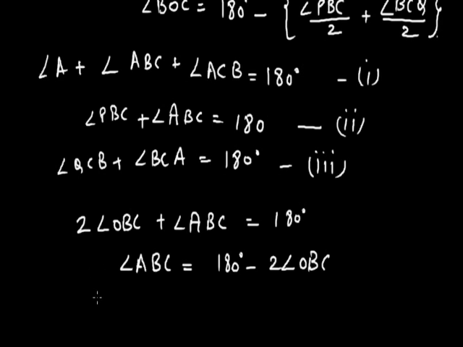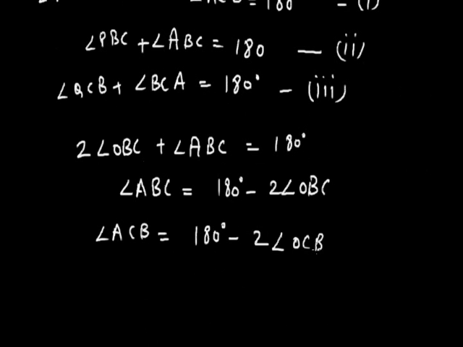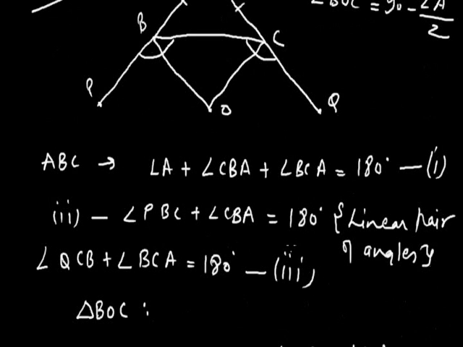Similarly, from equation 3 I can derive angle BCA or ACB is equal to 180 degrees minus twice of angle OCB. As you can see here, angle QCB is equal to twice of angle OCB. Why? Because it is given that line segment OC is the bisector of exterior angle C, so it divides the exterior angle C into two equal parts.